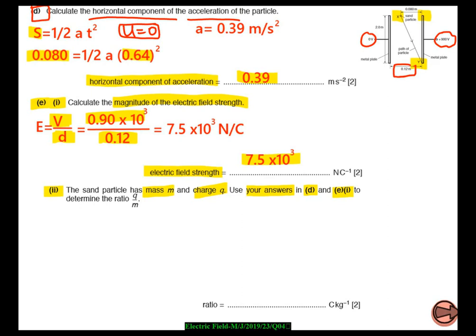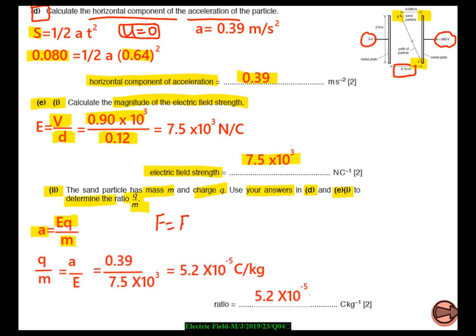In the next step, we simply rearrange the formula. We just rearrange this, and this is our horizontal acceleration, and this is the value of E, as we have calculated the horizontal acceleration here, and also we have the value of E here.